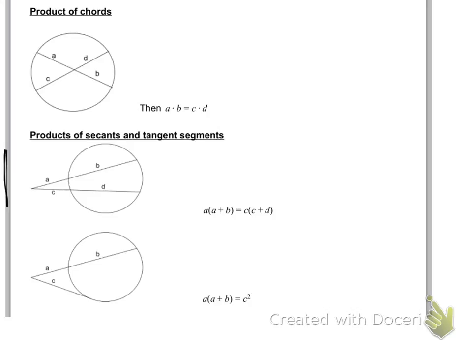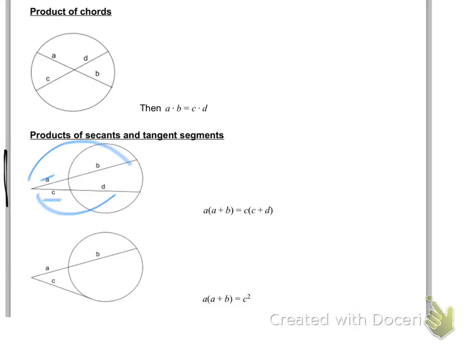Here's a really cool thing that someone found out: if I take the outside segment and multiply it by the whole segment, it's the same as the outside segment times the full segment of the other secant. So A times A plus B is equal to C times C plus D.